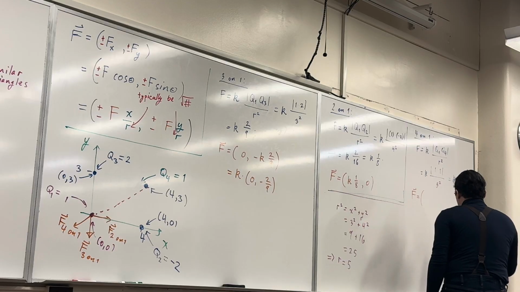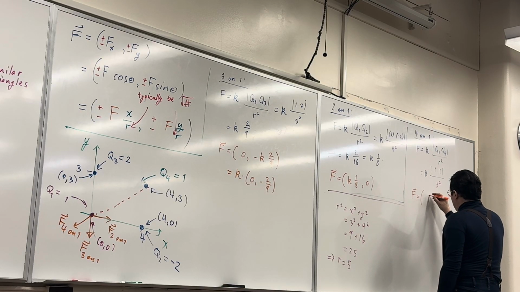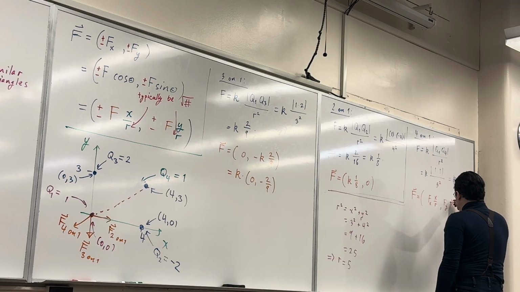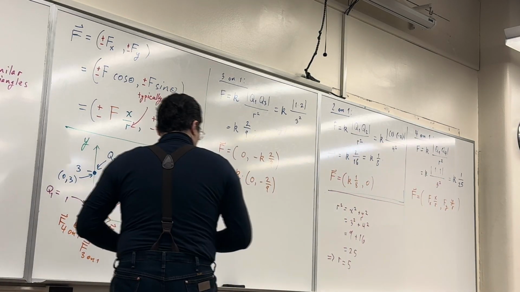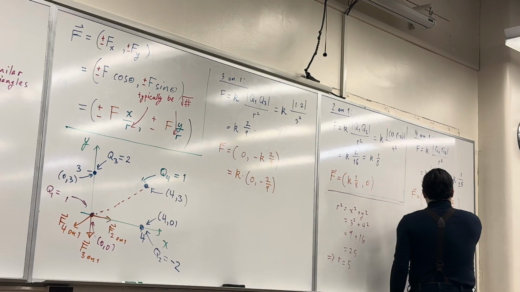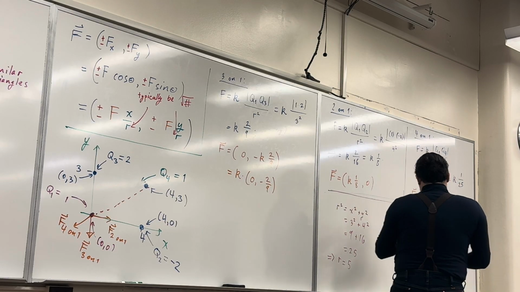I'm going to write it manually. Fx, x over r, Fy, y over r, and we're going to put in plus or minus. We're going to make all these choices. Plus or minus, plus or minus.